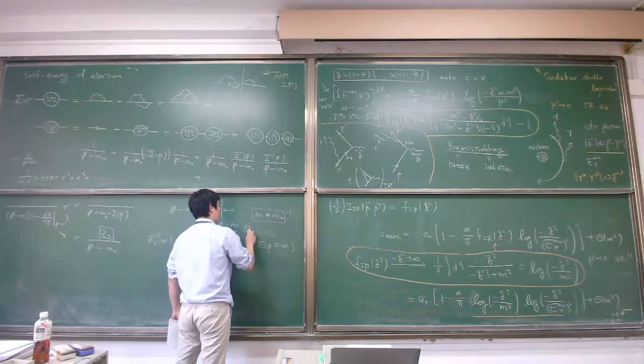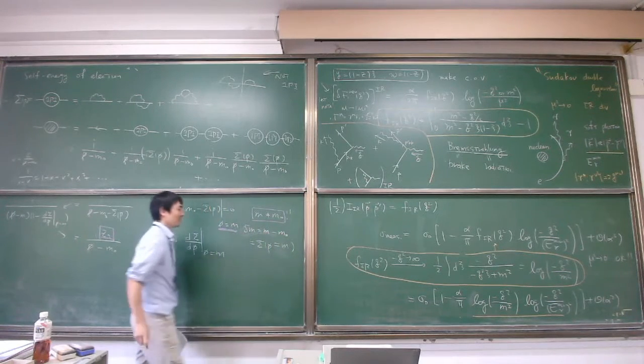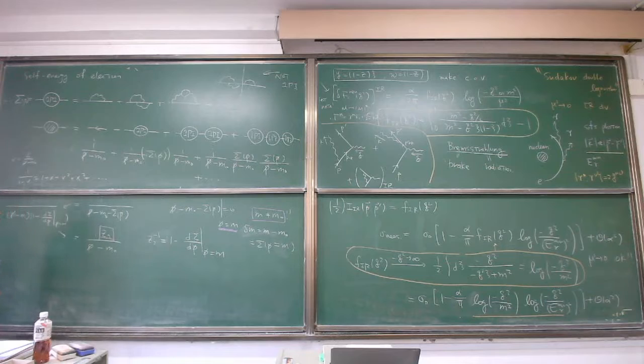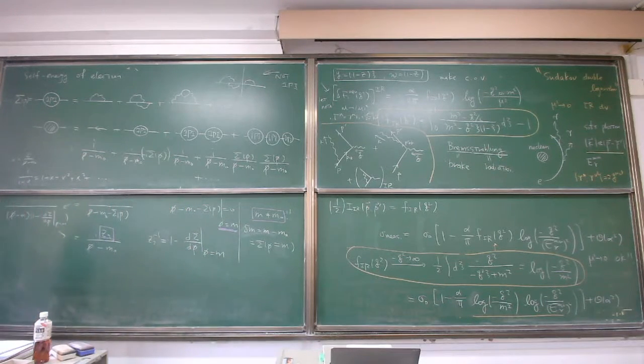Delta M is equal to M minus M0. So now what we're going to do is evaluate this sigma at one loop, which I call minus i sigma 2.